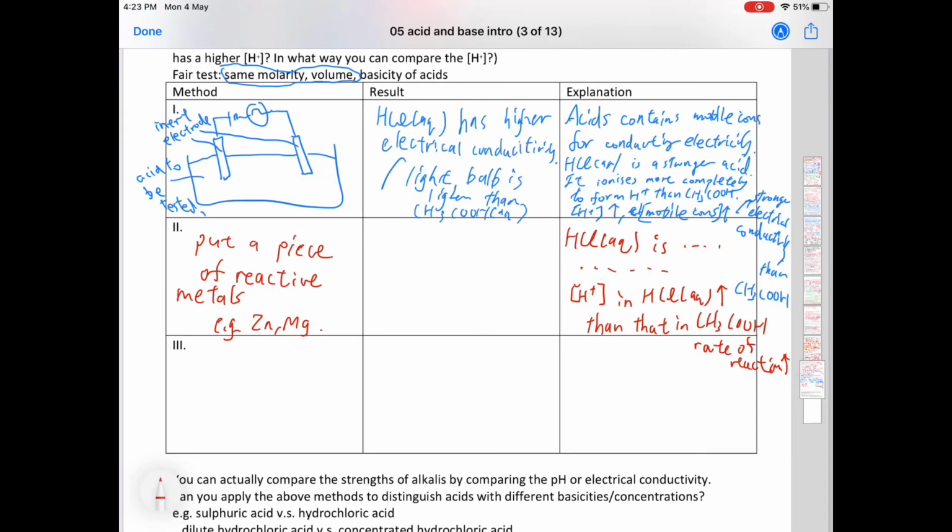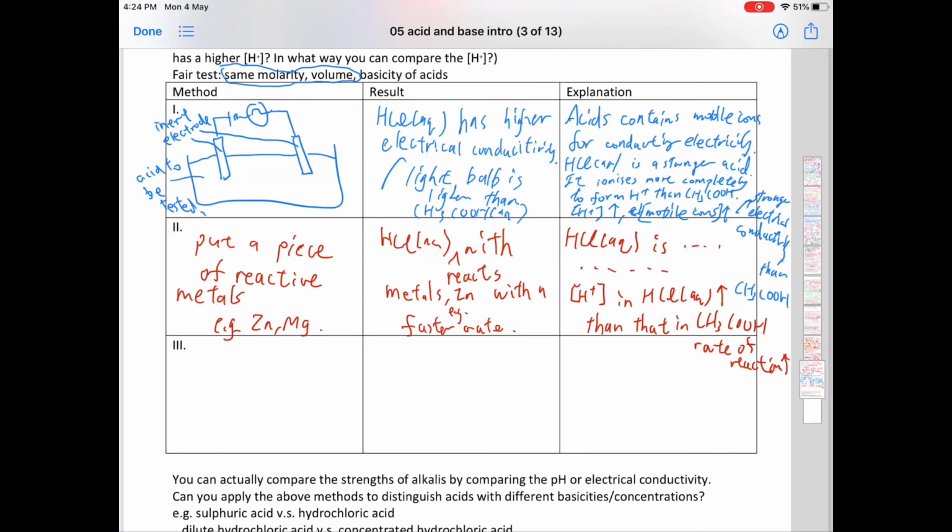So if you really put a piece of, for example, zinc into HCl, HCl reacts with the metal at a faster rate. And you can actually count the number of bubbles. If the rate of bubbling is higher, then the rate of reaction is higher.